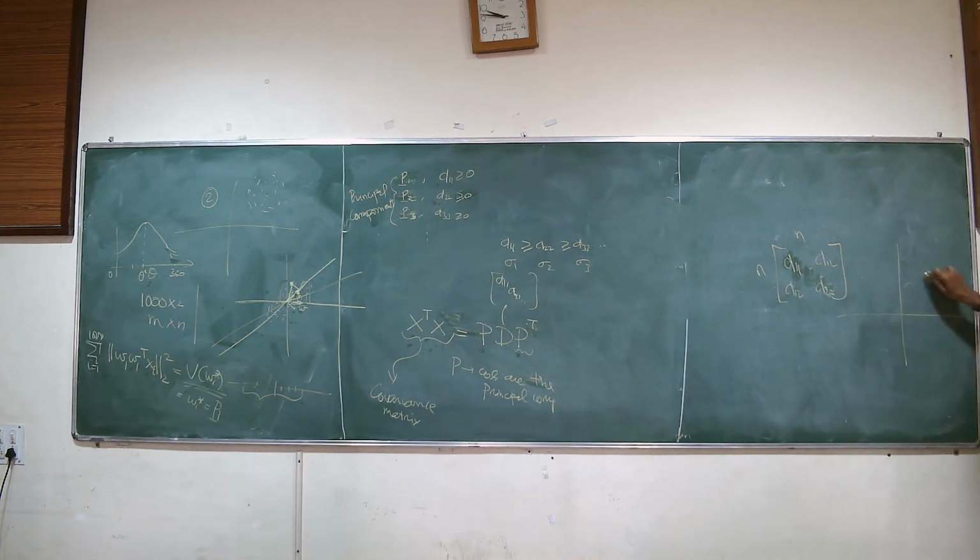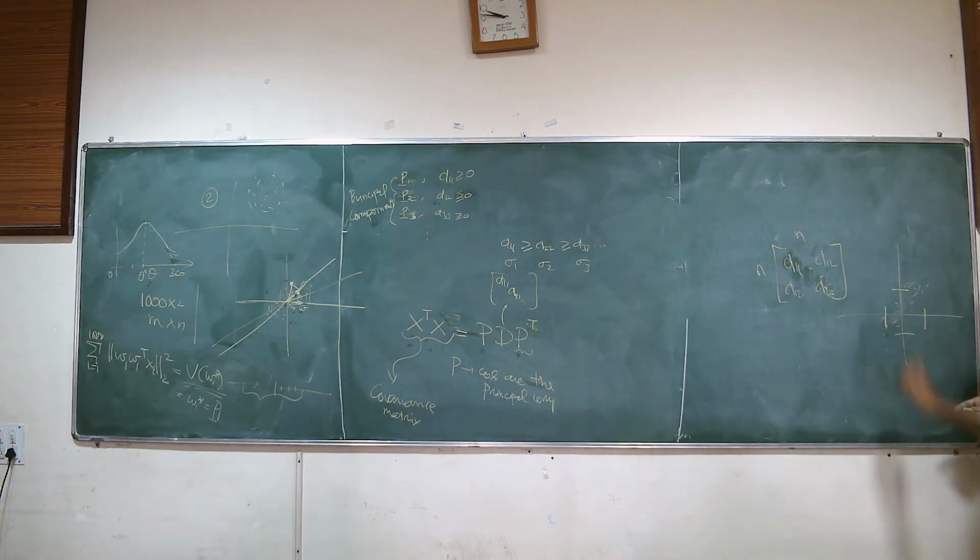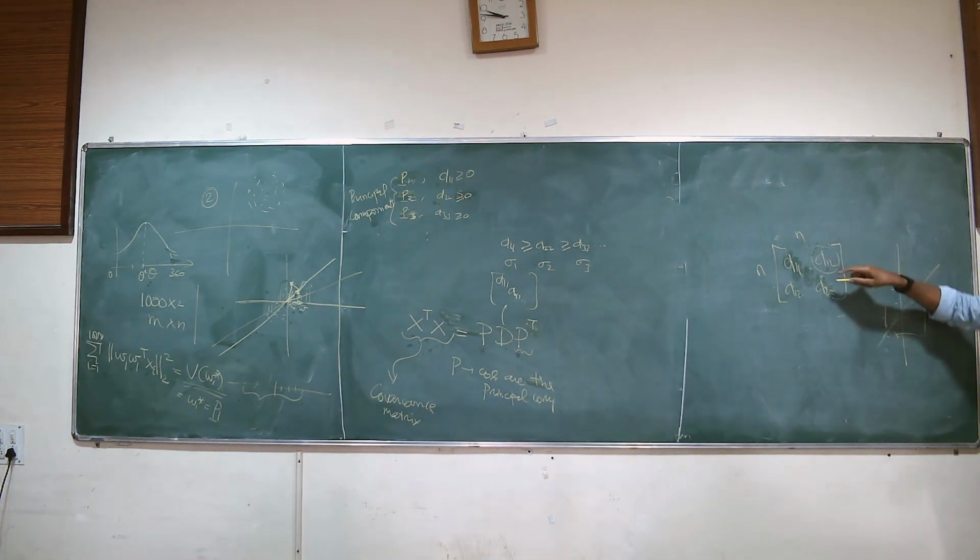If this is the distribution of your data, D11 tells you how much my data is spread along the first axis. D22 tells me how much it is spread along the second. And these off-diagonal terms, since it's a symmetric matrix, tell you how much they vary along with each other. That's why it's called covariance. So the diagonal entries tell you the variance along individual measurements, and the off-diagonal entries tell you how they co-vary with respect to each other.